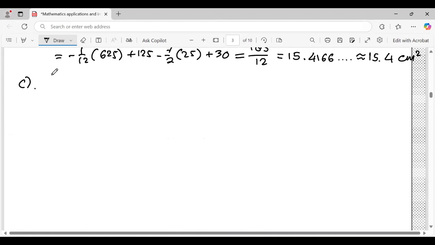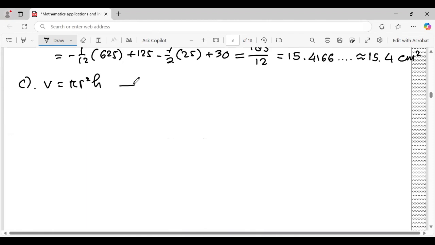See, the volume of a cylindrical container is given by the formula V equals pi R squared H. Pi times R squared times H. Pi is 22 over 7.